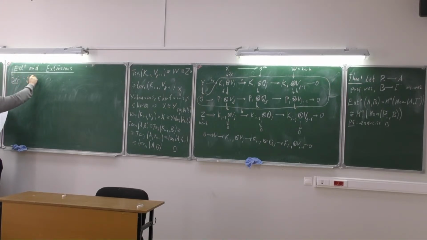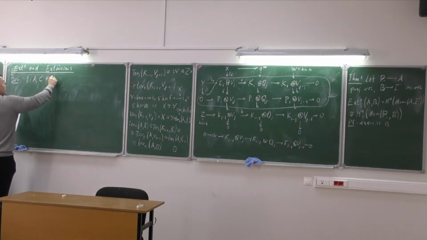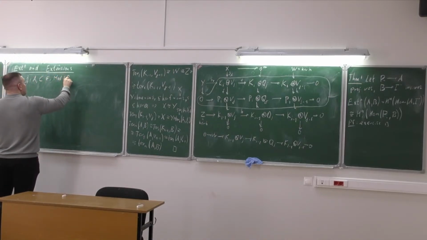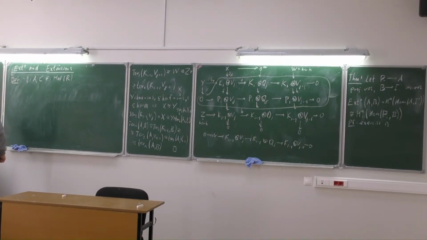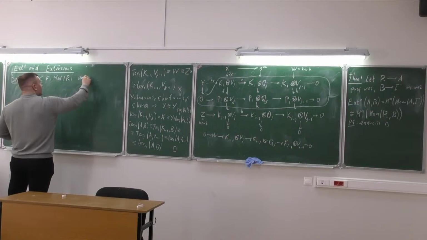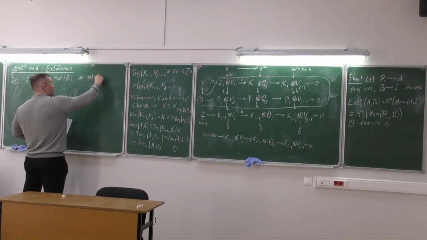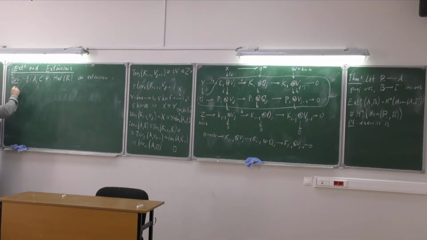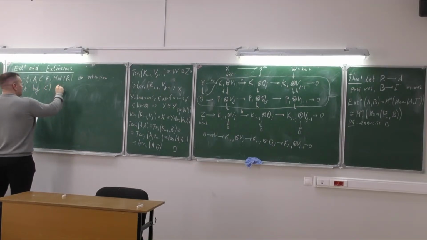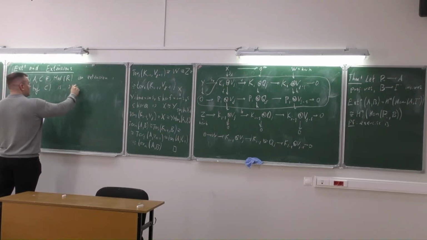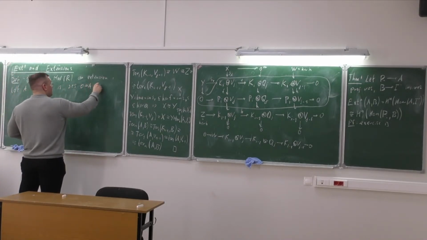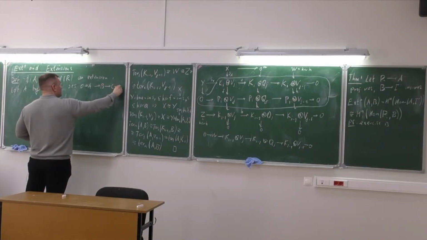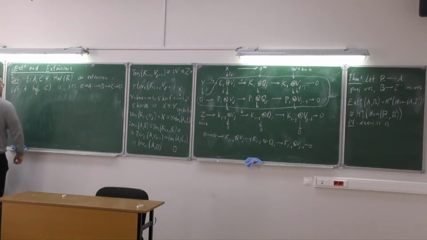In the first part I say that I have modules A and C. So these are modules over the ring R. So an extension, or to be more precise, an extension of A by module C, is just a short exact sequence A, B, C. So that's the definition of the extension.